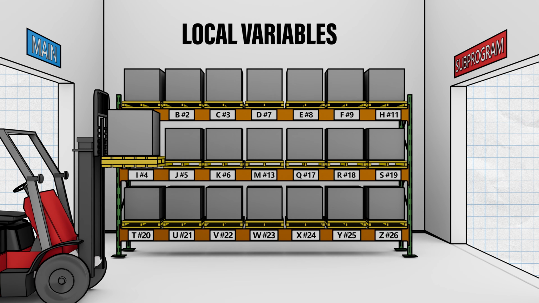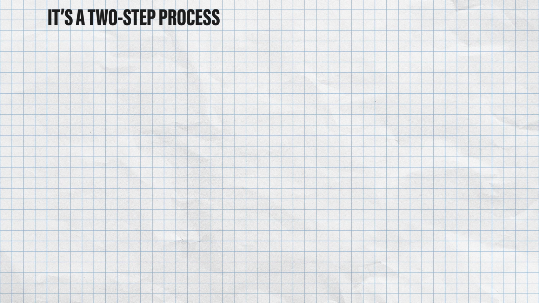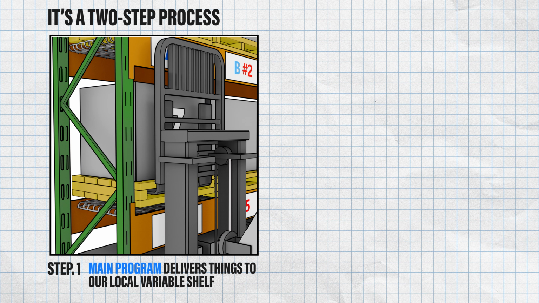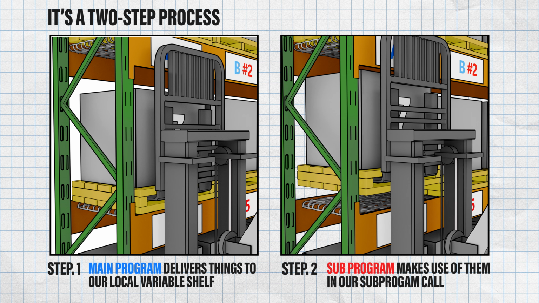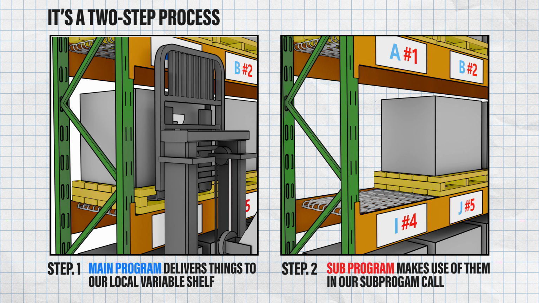It's going to pick up that information and make use of it using macro statements and assignments. That's how a macro works. It's a two-step process. Our main program is delivering things to our local variable shelf, and our subprogram will go grab that information and make use of it in that subprogram call.